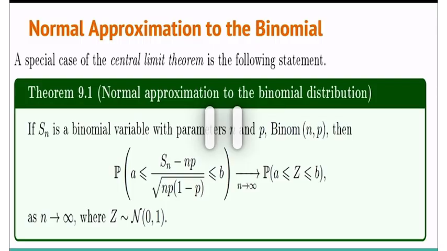We can approximate the binomial distribution with the normal in a situation where we have a large number of trials. De Moivre, in 1733, was trying to solve a binomial problem.